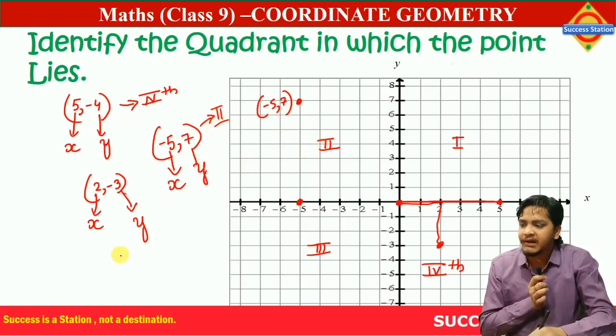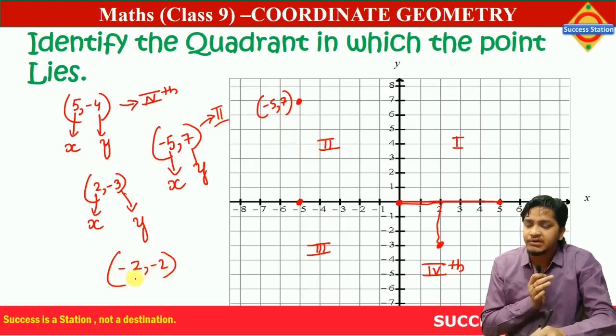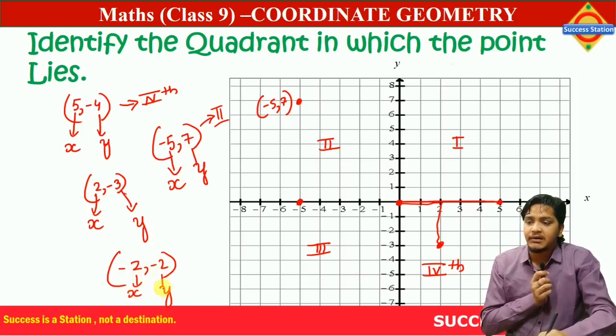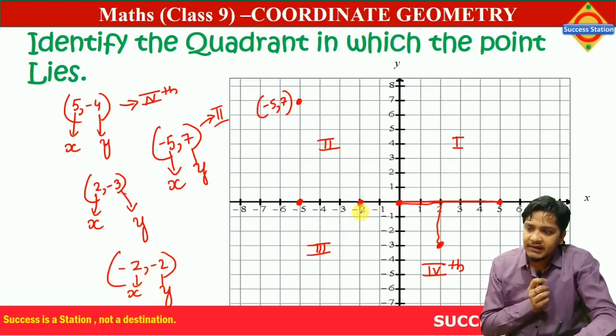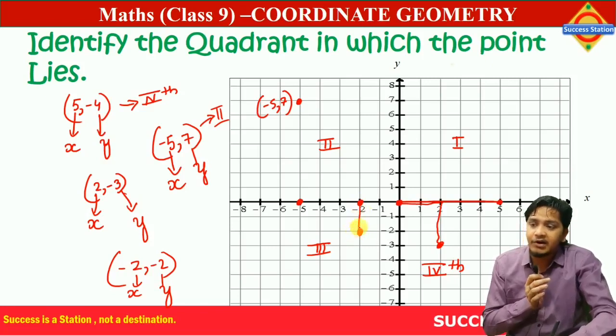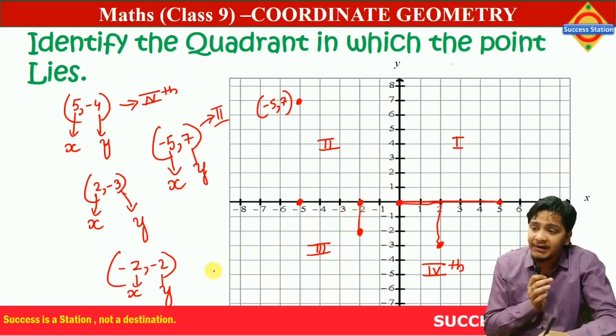Okay, next question: minus 2 minus 2. X is minus and y is also minus. Firstly we travel in the x direction minus 2, then in the y direction minus 2. We did not go up because it was minus 2.